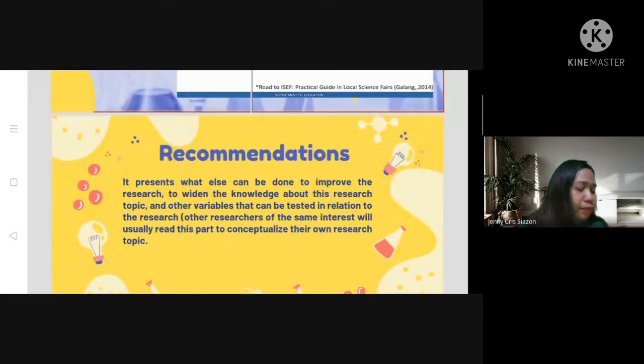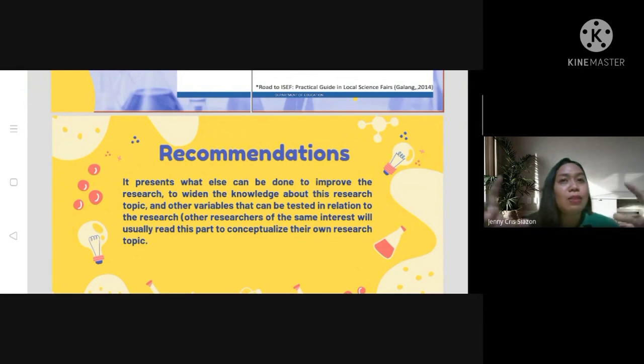And, of course, you need to include recommendation. What else can be done to improve your research? No? Ano pa yung kailangan gawin para magkaroon ng additional knowledge, no? Para sa research mo. Okay, what are the other variables that you can test in relation to the research?